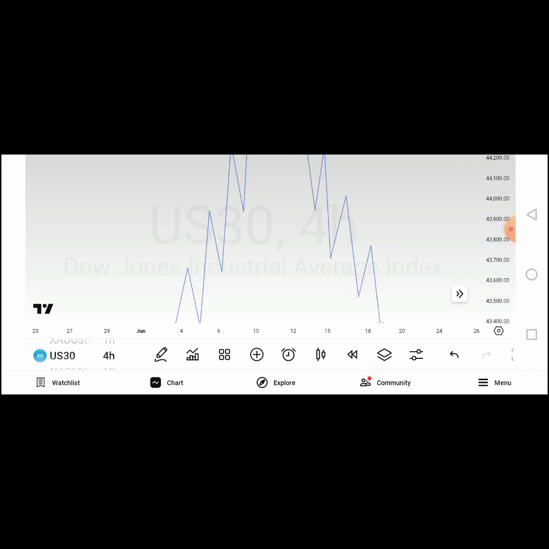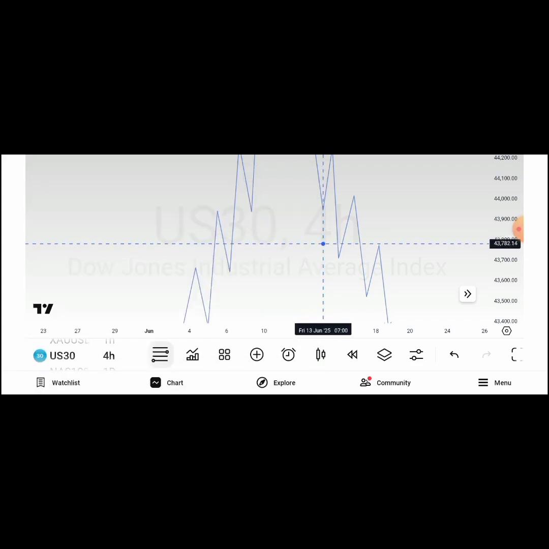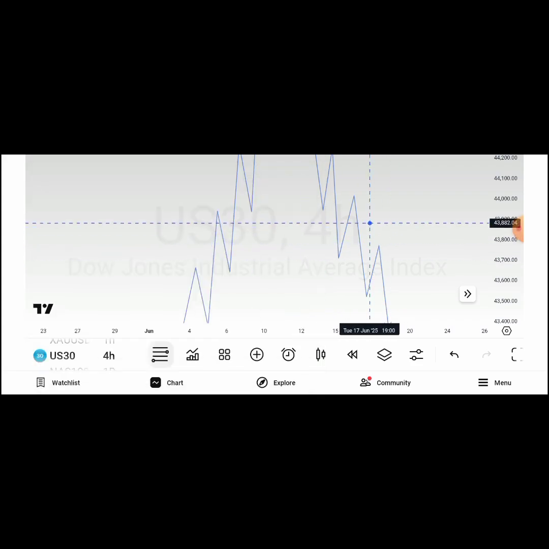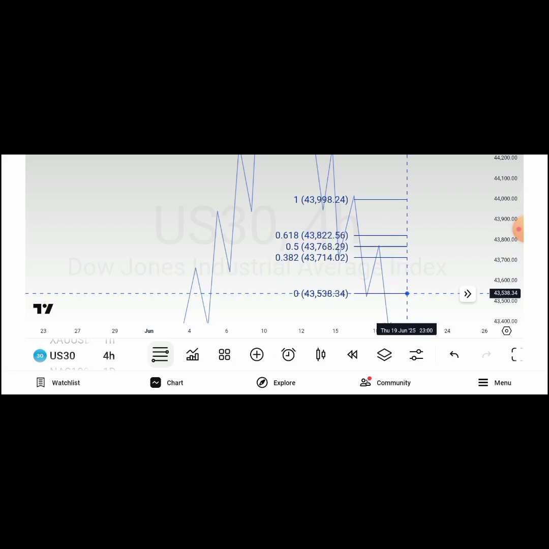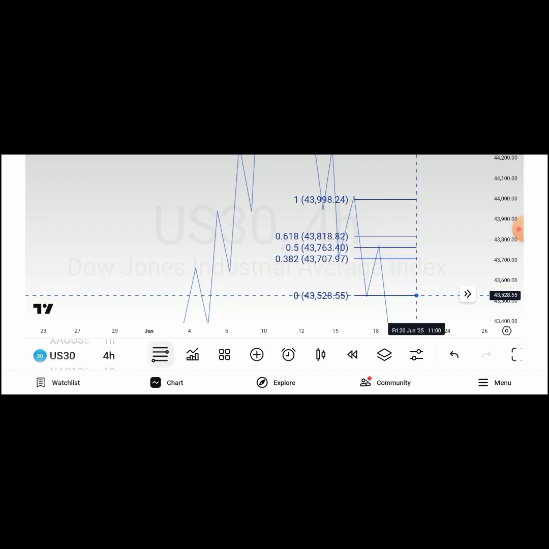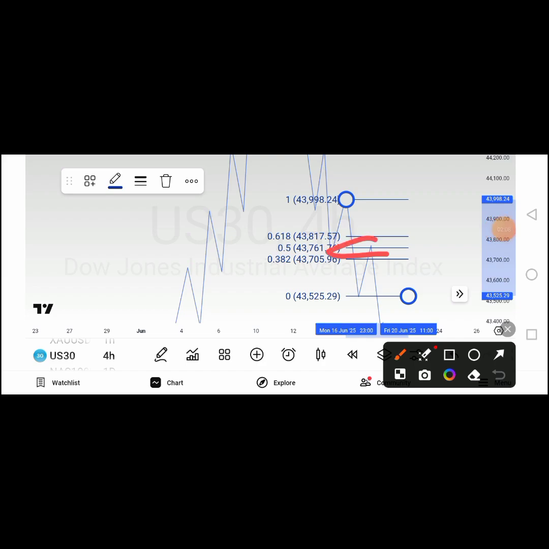So we'll go again and take our Fibonacci, place it in the recent high, then swing it down, and drop it in the recent low there. So you can see again that the market reacted around 0.5. All right, so it's not always 0.5. Sometimes it can be 0.382 or 0.618. So that's how we use Fibonacci.